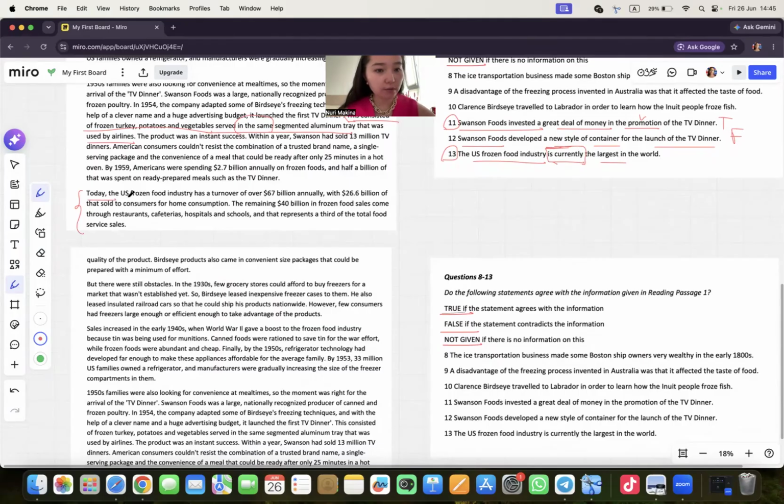Today, the US frozen food industry, yes, the answer is definitely here in this paragraph. It has a turnover of over 67 billion annually, with 26.6 billion of that sold to consumers for home consumption. The remaining 40 billion in frozen food sales come through restaurants, cafeterias, hospitals, and schools, and that represents a third of the total food service sales.